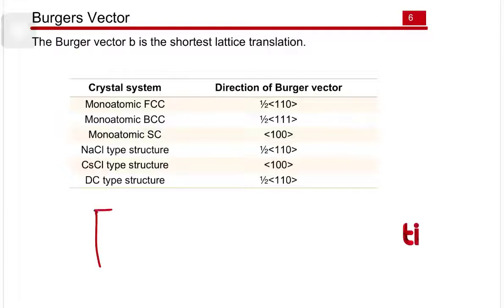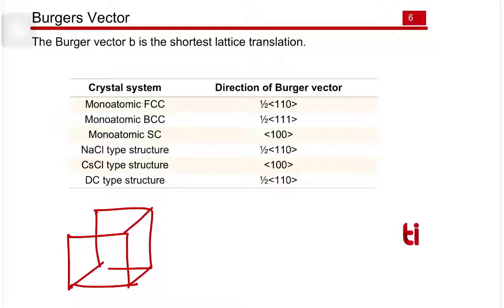If you have a unit cell, you must have studied this in the crystal structure chapter, the line density and the plane density. This is the FCC 110 type direction, which is the most close-packed. The dislocation will move in this direction.